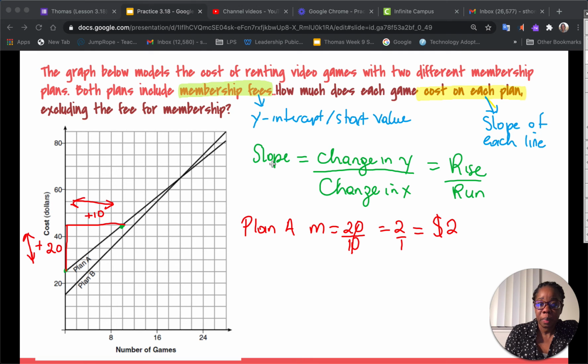Okay, now let's check out plan B. Again, we want to use the same idea. For plan B, all we need are two points. I'm going to be using this point right here, and I'm going to go with this similar point right here.